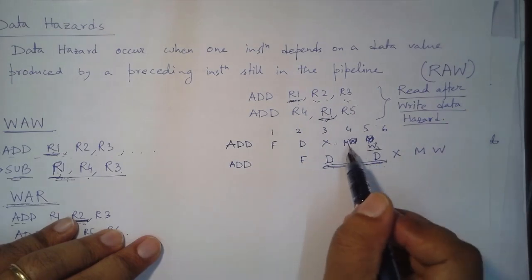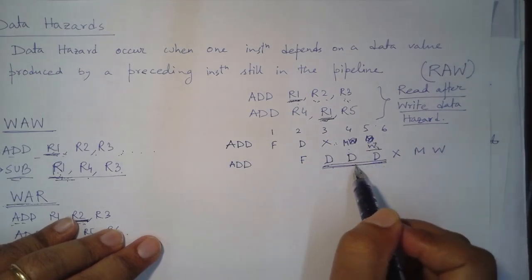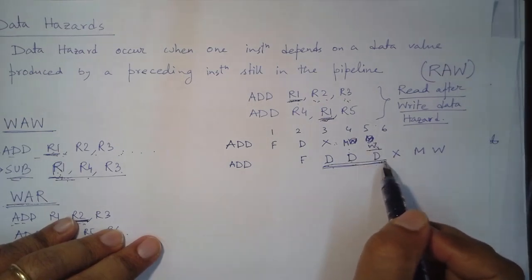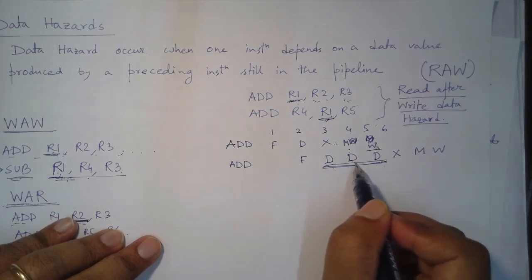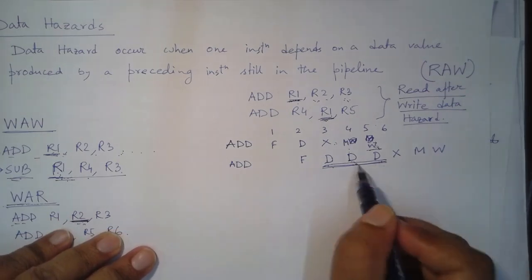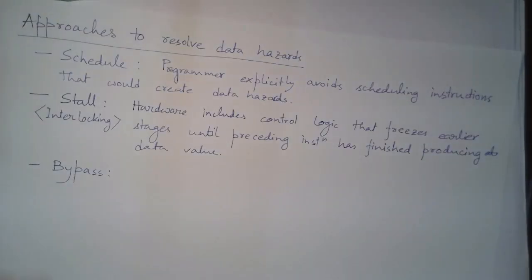So, this value is available. If we can somehow bypass this value to the next instruction, then instead of waiting till the write back stage, we can start executing in this stage itself, without any penalty. So, this is what bypassing is.